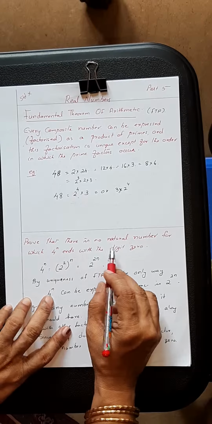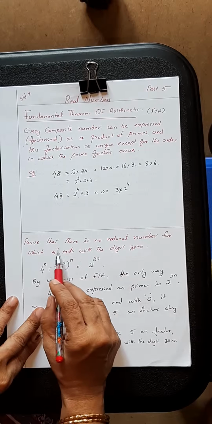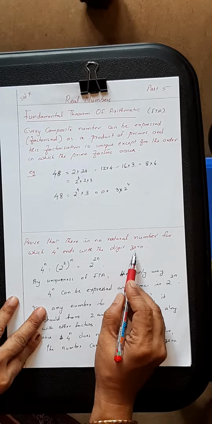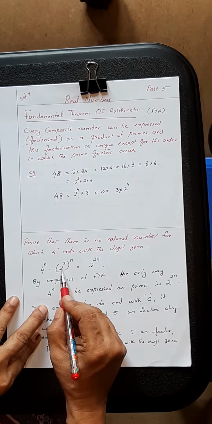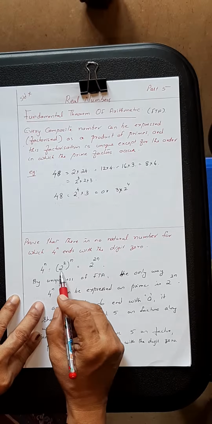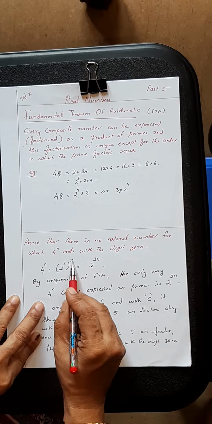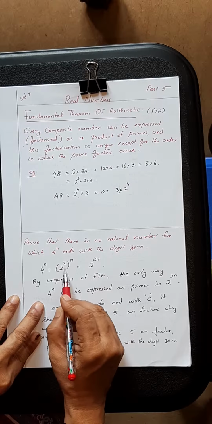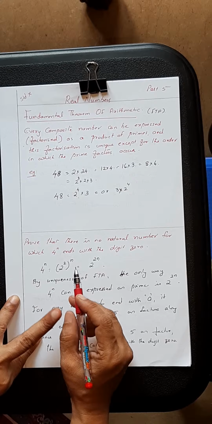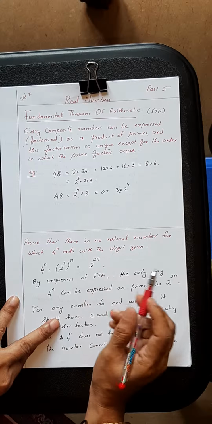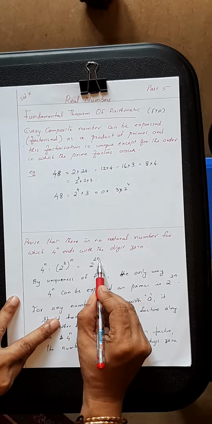Prove that there is no natural number n for which 4 to the power of n ends with the digit 0. So let us factorize 4 to the power of n as a product of primes. 4 is 2 squared, the whole to the power of n. So (a to the power of m) to the power of n is a to the power of m into n, laws of exponents. So 2 to the power of 2n.